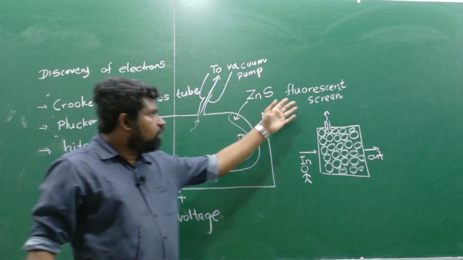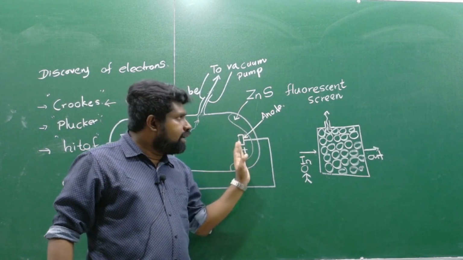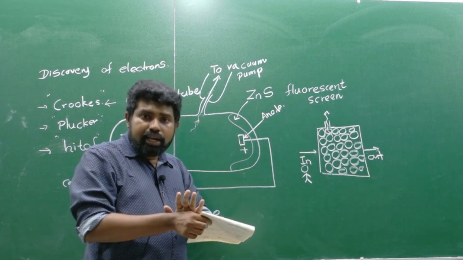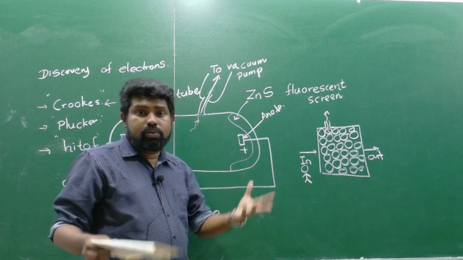What is meant by fluorescent? Fluorescent means when some radiation, the rays, collide with or bombard certain materials, they just glow.